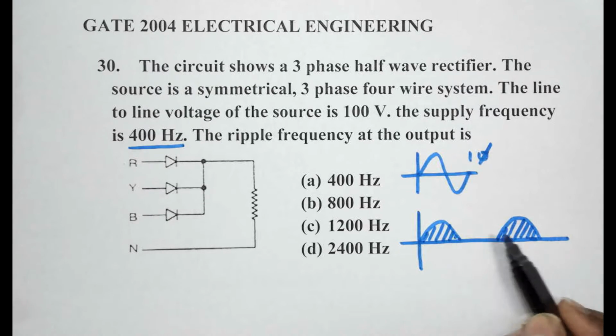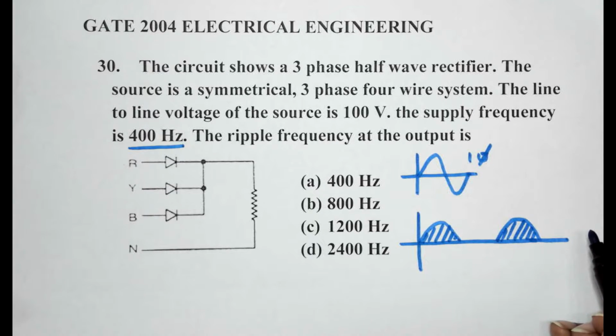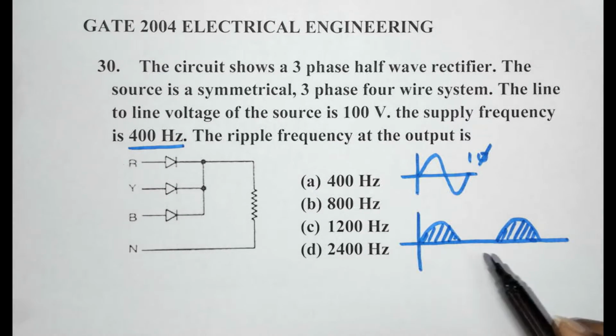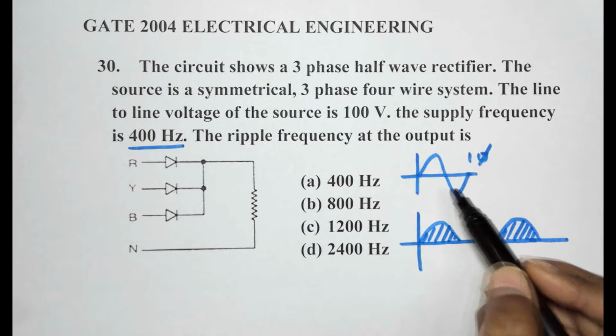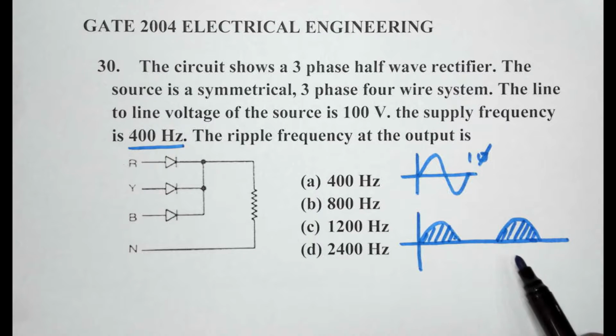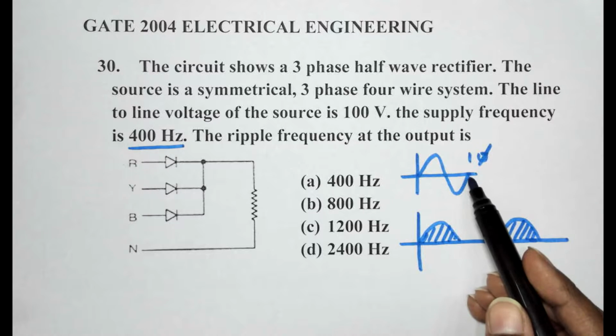So these pulses that we get as the output waveform, the series of these pulses is at a frequency equal to the frequency of the input. This is known as the ripple frequency. So usually for a single phase, the ripple frequency is the same as the supply frequency.